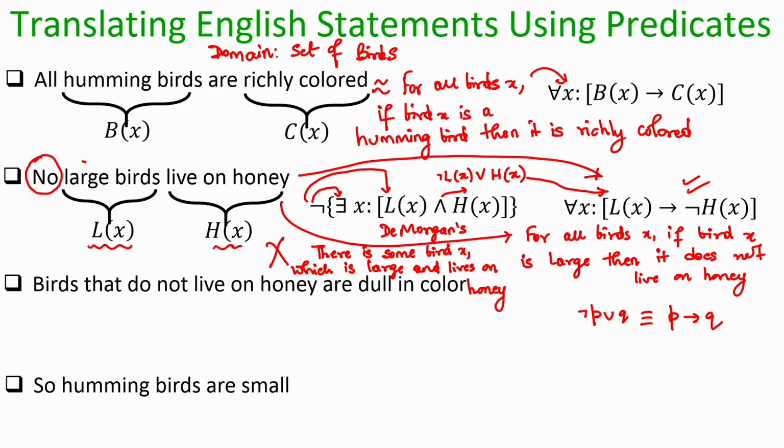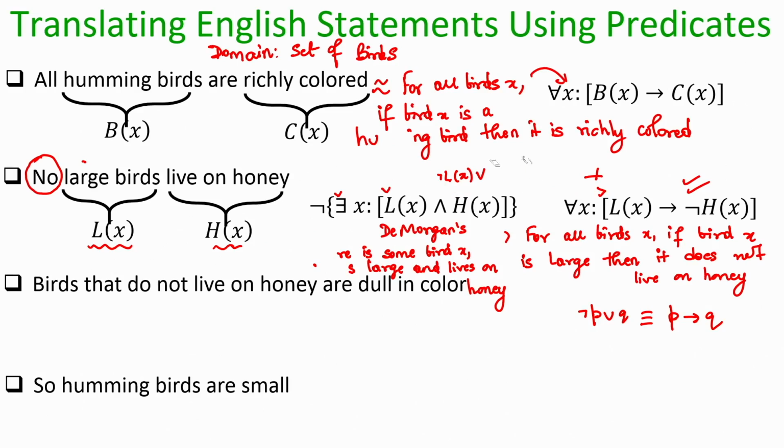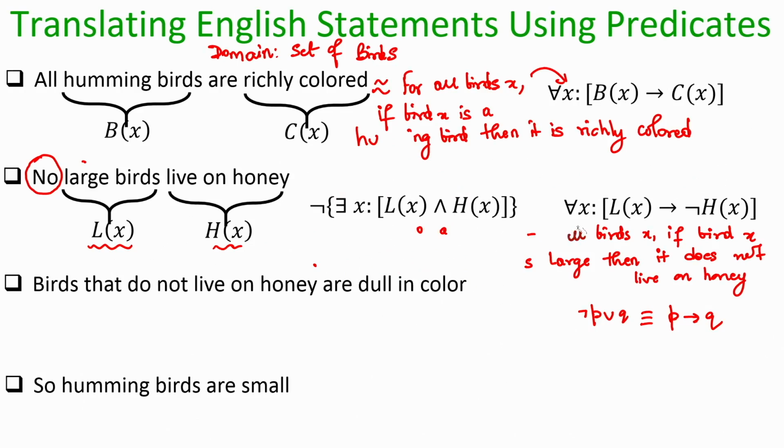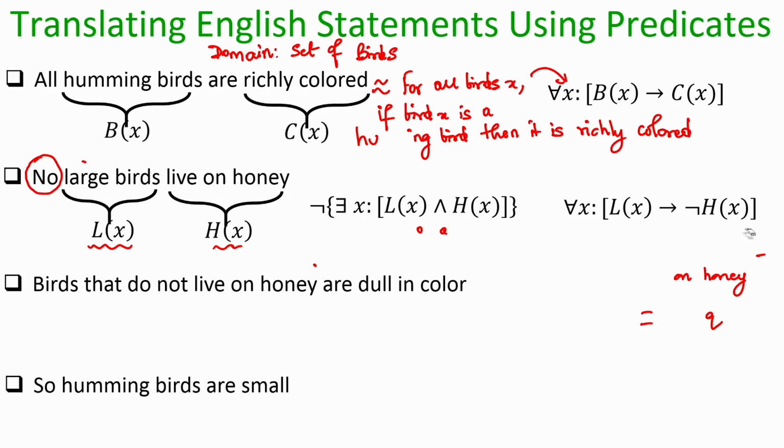So, either you can get the second expression by reinterpreting this statement in the form that for all birds x, if bird x is large, then it does not live on honey, or you can first arrive at the first expression and then apply De Morgan's law to get the second expression. Okay. So, both the expressions are correct. You can use either the first expression or the second expression to represent the statement that no large birds live on honey. Okay.